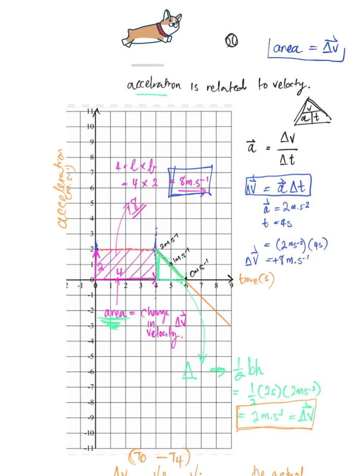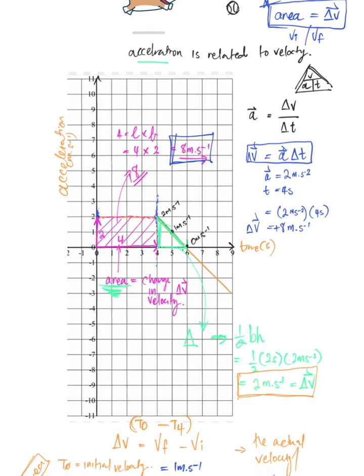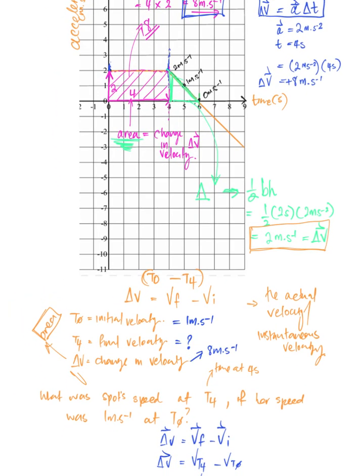And if I have the change in velocity value and I have one other value, either V initial or V final, then I can work out the instantaneous velocity anywhere on this graph. So this is very, very important. You need to make sure that you memorize that, because there's no other way that you're going to learn how to draw or work out anything that's happening on these kinds of graphs.